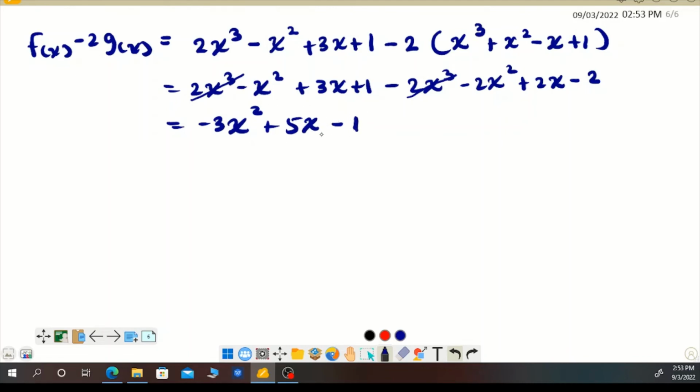You can see this is a quadratic function. So in the problem we have to show the maximum value. By observing this quadratic function, I can say this function has a maximum because the coefficient of x squared is a negative value. If the coefficient of x squared is a negative value, then the function has a maximum value.